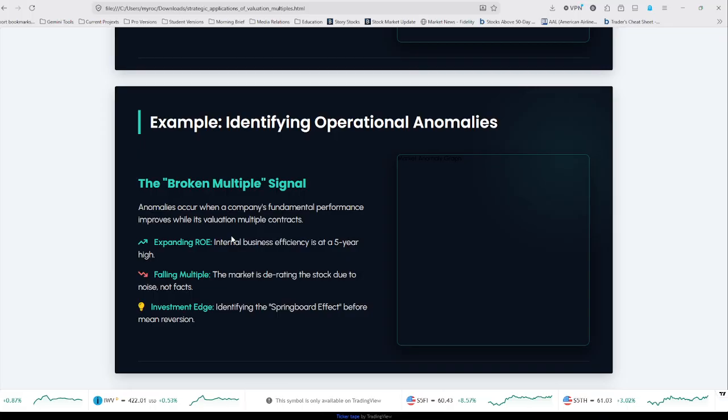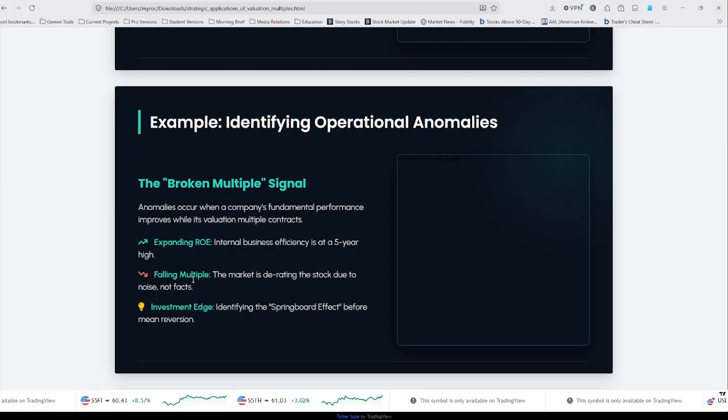And as an investor, you have to decide for yourself whether or not that disconnect is meaningful to you. Is this a company that you truly want to invest in? Now, you can see it says expanding return on equity versus falling multiples as well.